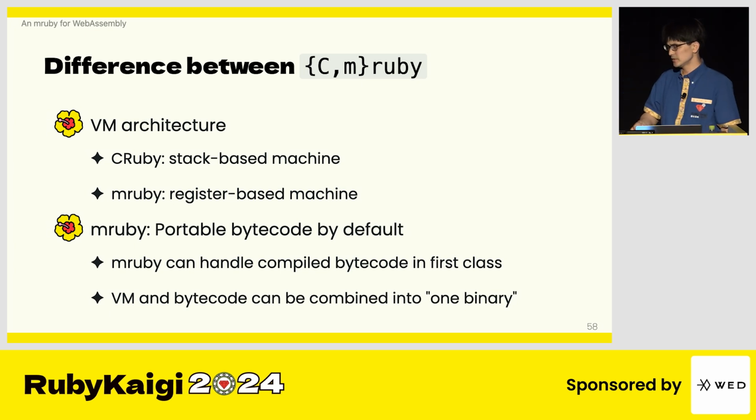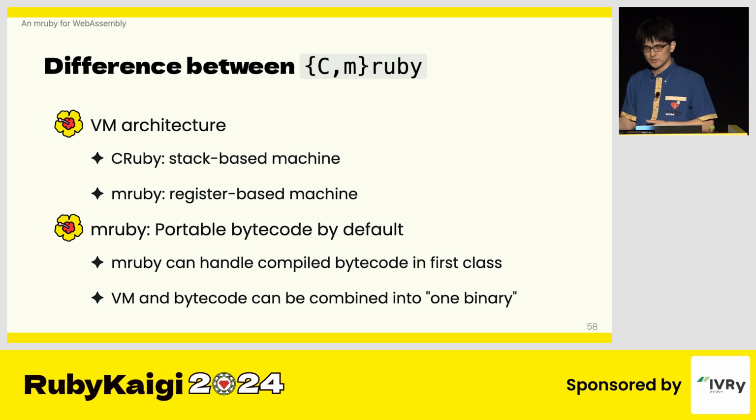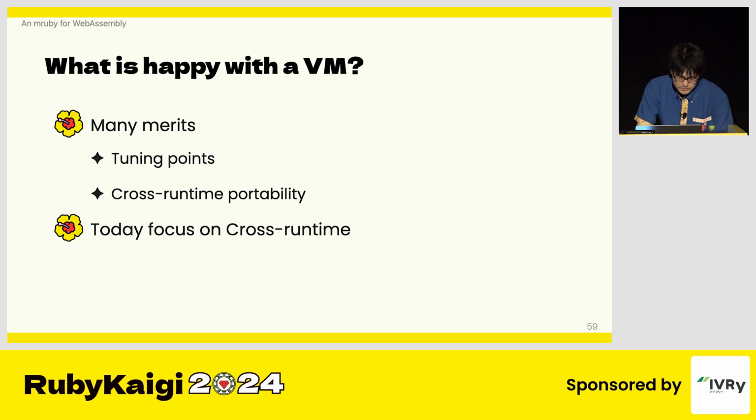One of mruby's basic functionalities is to make a bytecode file directly, and you can port it to other runtimes. So using a VM has a lot of merits, but today I'm going to focus on cross-runtime portability.